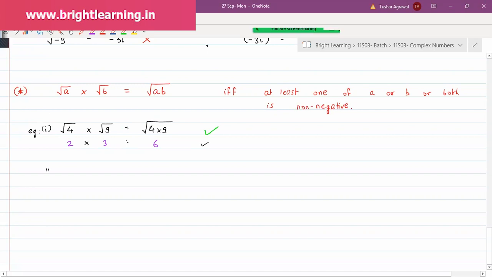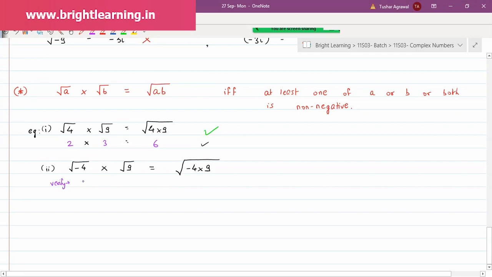One is positive and one is negative. Let's say -4 under root, one is negative and one is positive. Can I write this equal to minus 4 multiplied by 9 under root? Let's check verification.